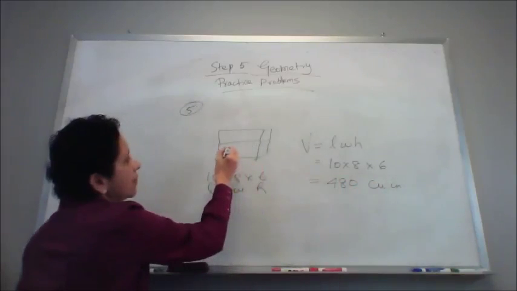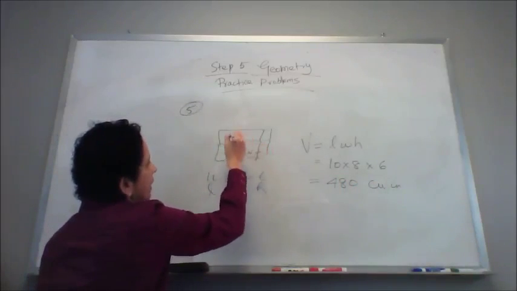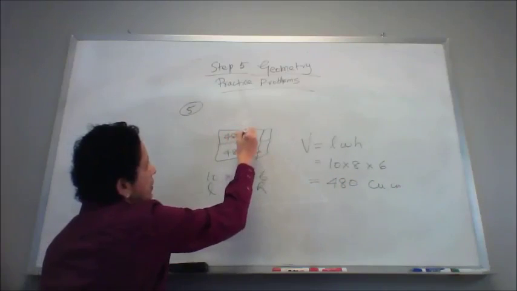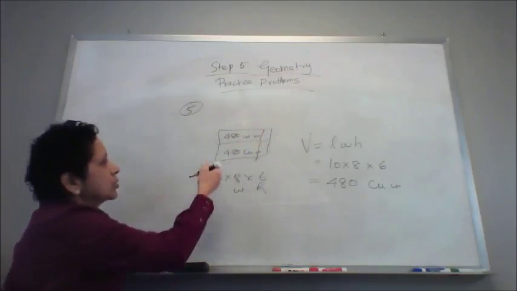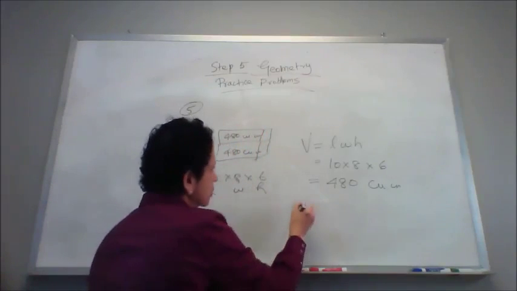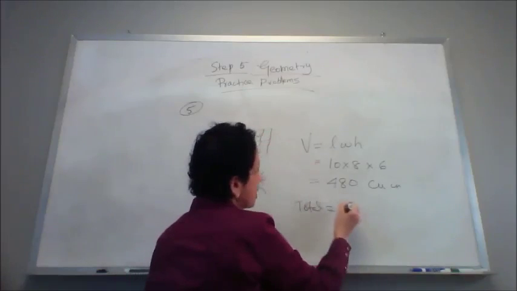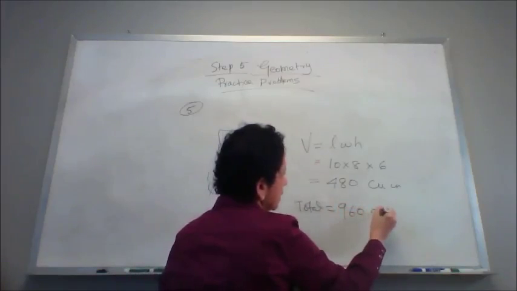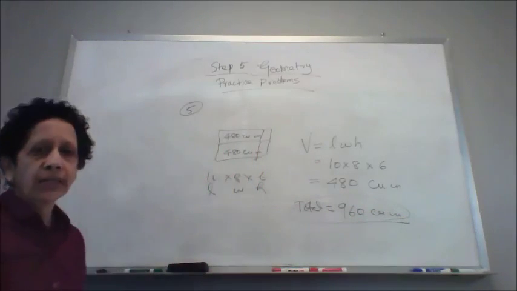So this bottom box has a volume of 480 cubic inches. The top box is an identical box, so it's another 480 cubic inches. So 480 plus 480, adding the two numbers up, is 960 cubic inches. That's the total volume of the two boxes combined.